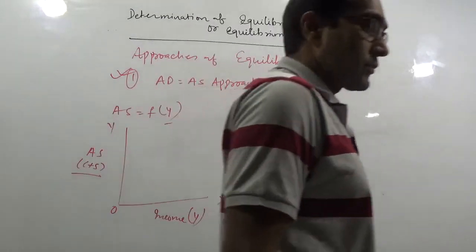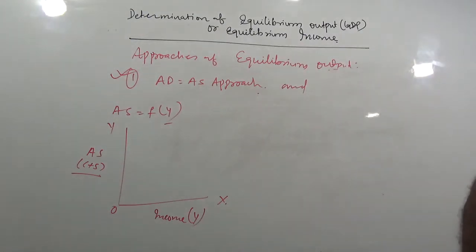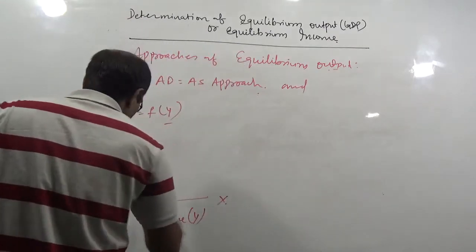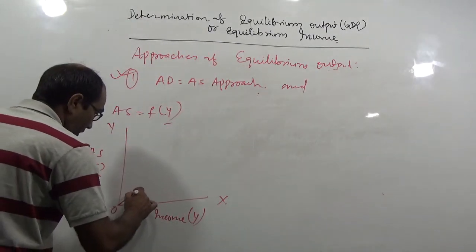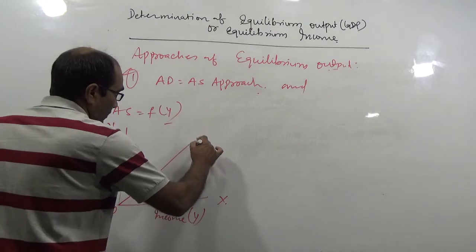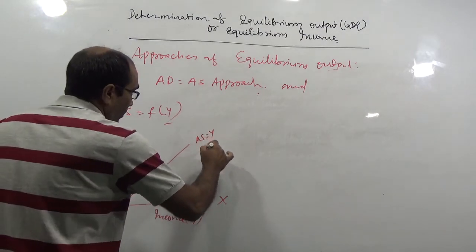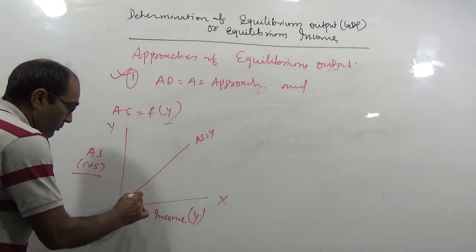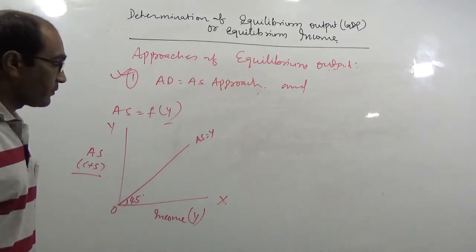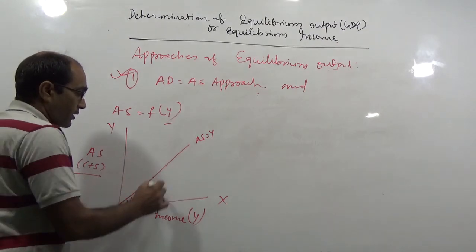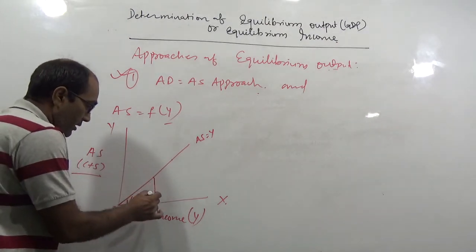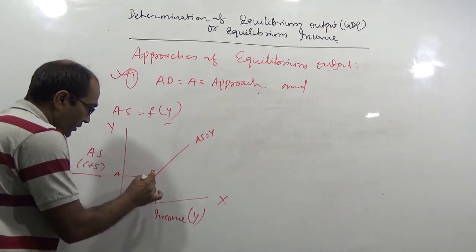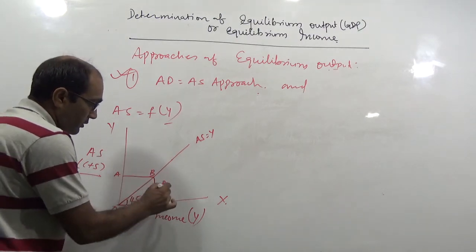When you try to develop a diagram for AS, it starts from the origin and maintains equidistance from both the axes. The curve is AS equal Y. The angle is 45 degrees, and at each and every point it maintains equidistance from both the axes, so AB must equal BC.